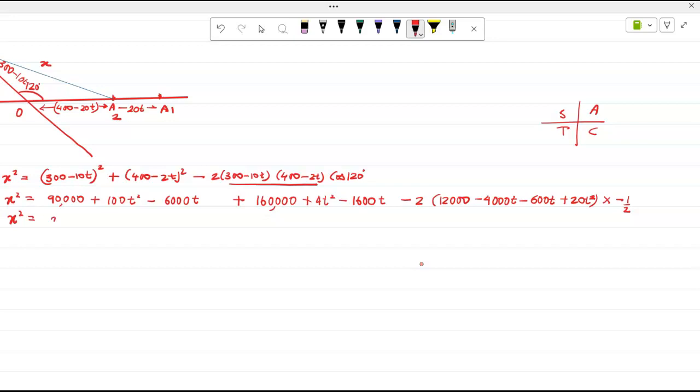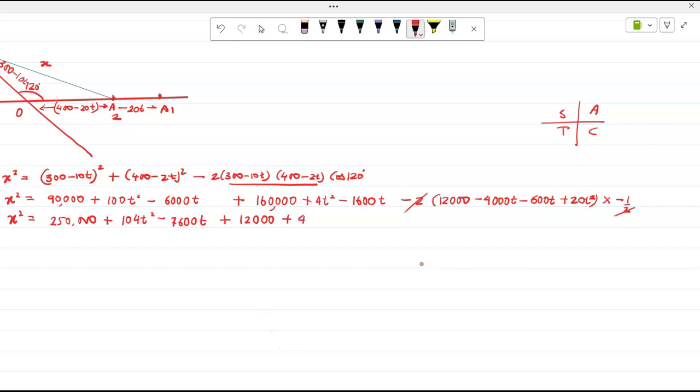16 plus 9, 25. Plus, how much is it? 140 square. Minus 7600t. This and this cancels. This will become plus, correct? Yeah. This will become minus 4000. No, minus.